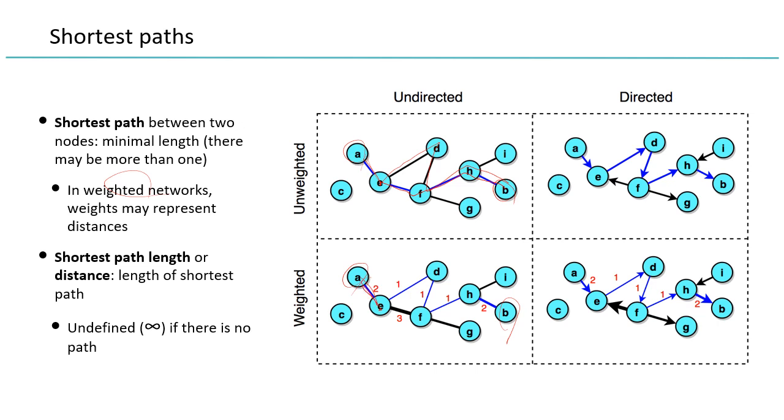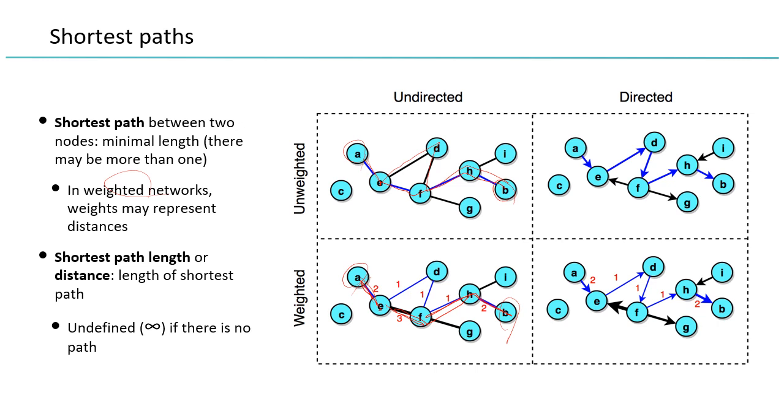You follow the highest weight here. This path is also a shortest path considering the highest weight. Or if you want the lowest weight, then you have to follow this one and this one and this one. Anyway, there are 2 kinds of shortest path: highest weight or lowest weight.